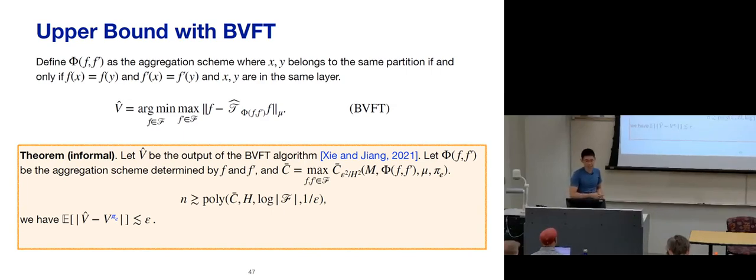Then we can show that a polynomial number of samples is enough to guarantee absolute precision of offline policy evaluation. So this indicates that this C bar, the aggregated conservability coefficient, is indeed the true quantity for the offline policy evaluation task.